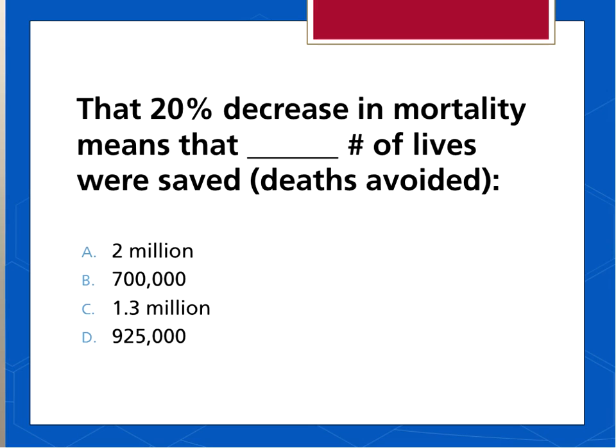So another quiz question for you. That 20% decrease in mortality means that how many number of lives were saved total? Go ahead and take a guess, A, B, C, or D. How many lives does that 20% decrease represent?